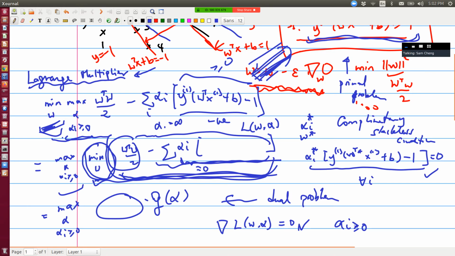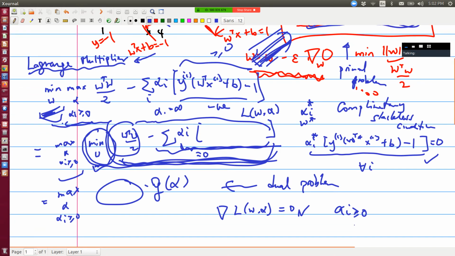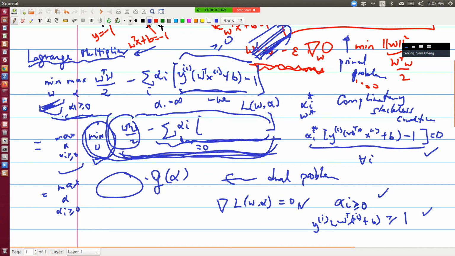And also I have the original condition that y_i (W transpose x_i + b) should be bigger than or equal to 1. All these four conditions have to be satisfied. Then these two optimization problems will give me identical solutions. I'm not going to give a proof for that, but this is known as the KKT condition.